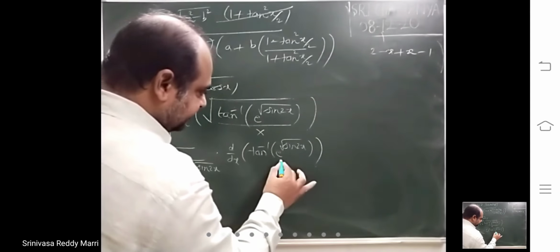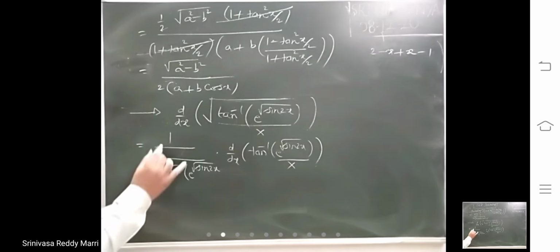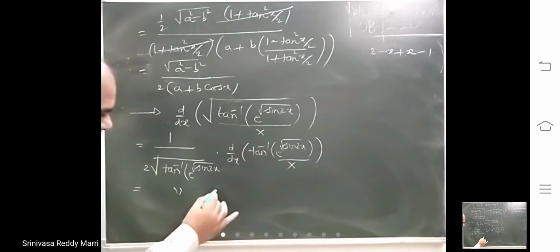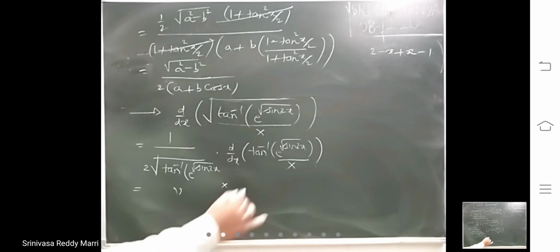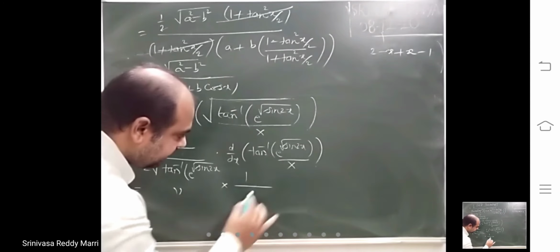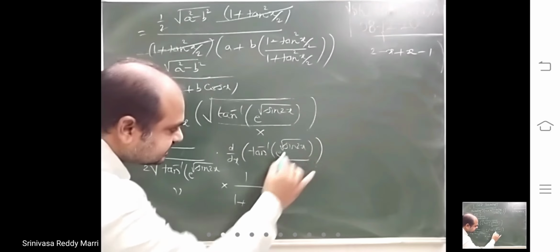Now again the first function is what? Tan inverse. Take this as x, so this will remain the same, into the derivative of tan inverse x, which is 1 by 1 plus x square.